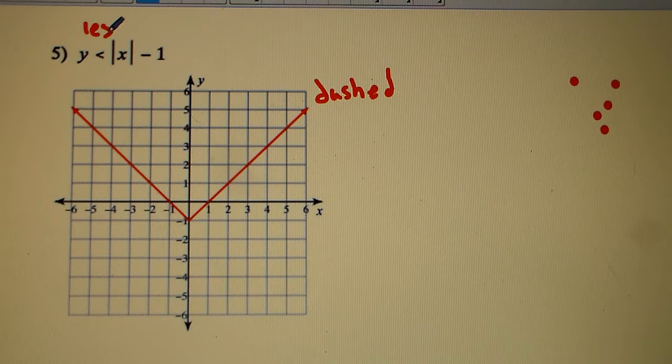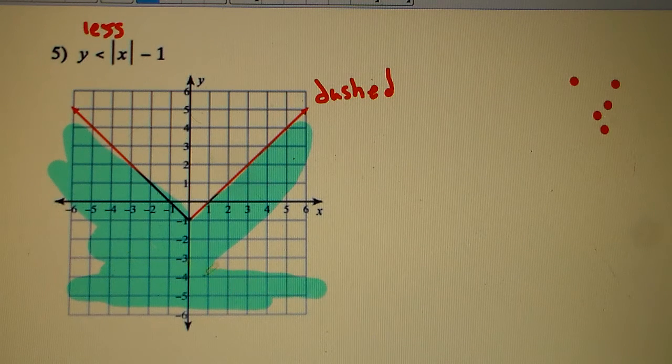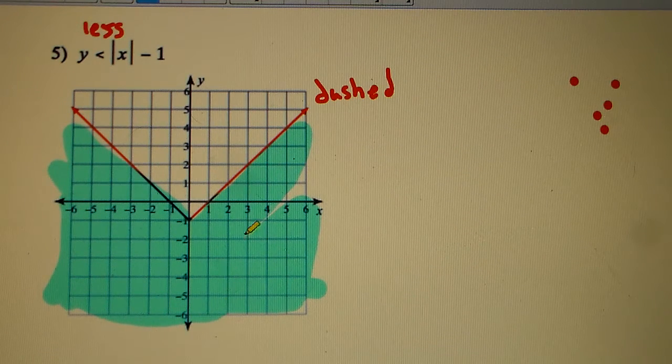So since it's less than, we got to shade below. Less than is below that -1, so we got to shade below our picture. Wow, I'm not asking perfection of shading here. We'll get the general idea. When you shade below, like that.